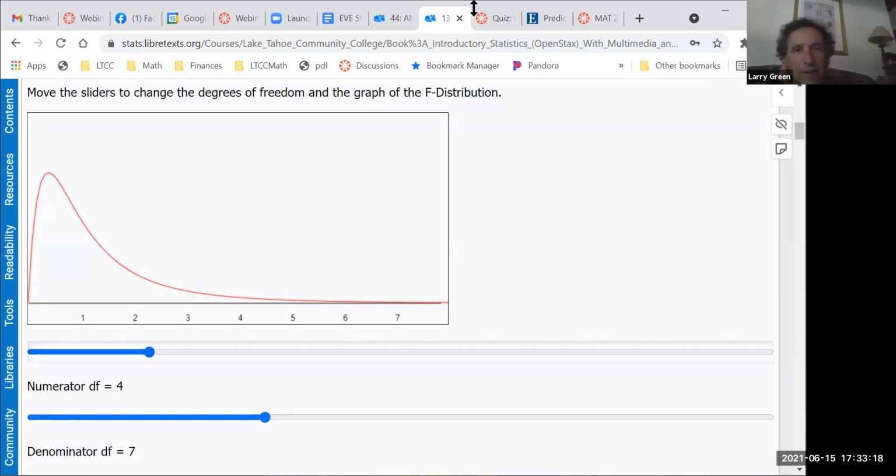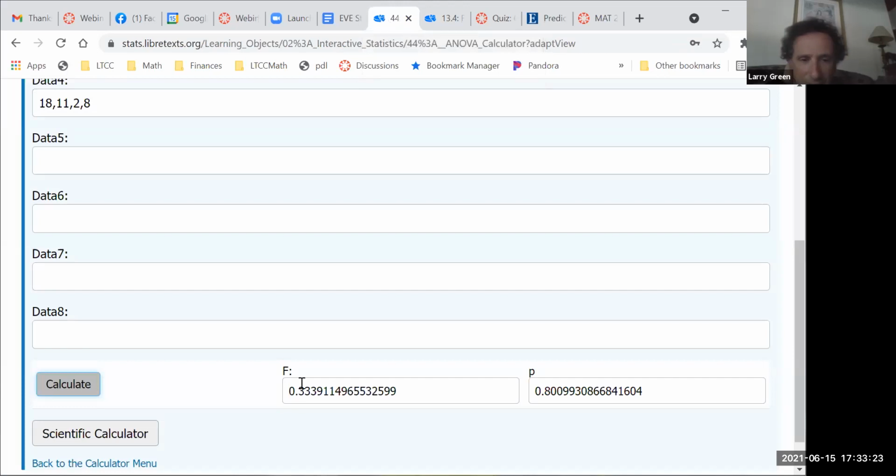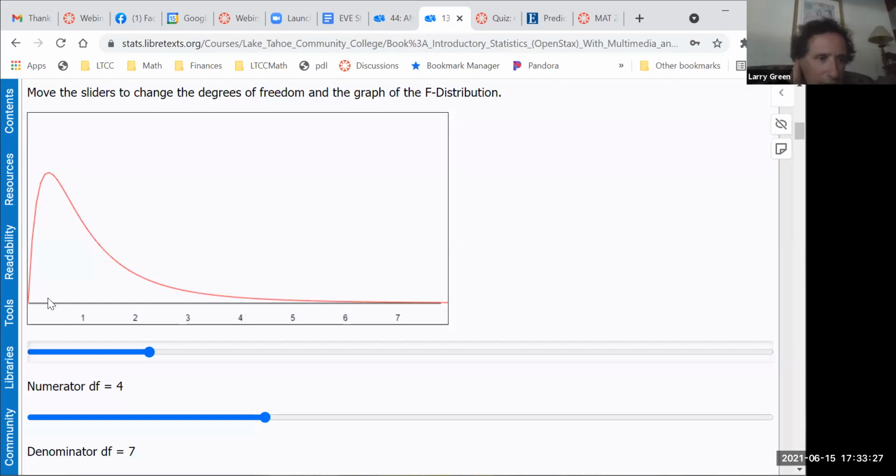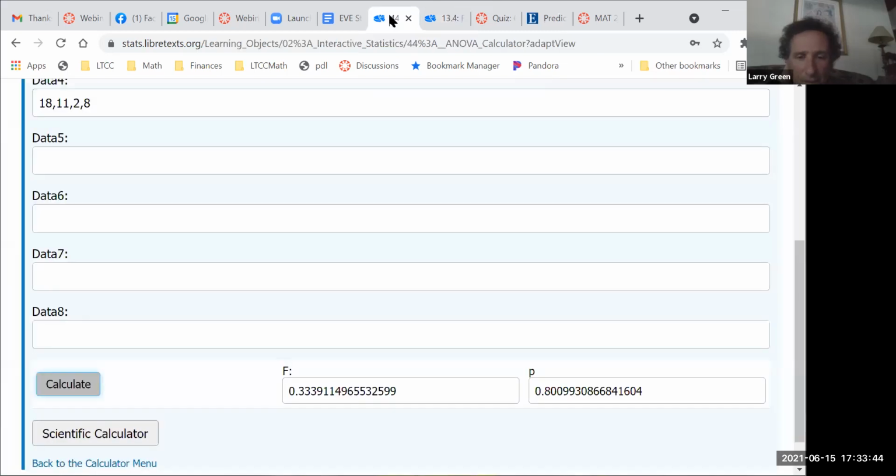So in particular for our example, F was about 0.33. And if you go to 0.33, you're way over here. And the p-value is just like when you had chi-squared, you only have right tail tests. So the p-value is the area to the right of 0.33, which is really big. And in particular, the p-value was about 0.8.